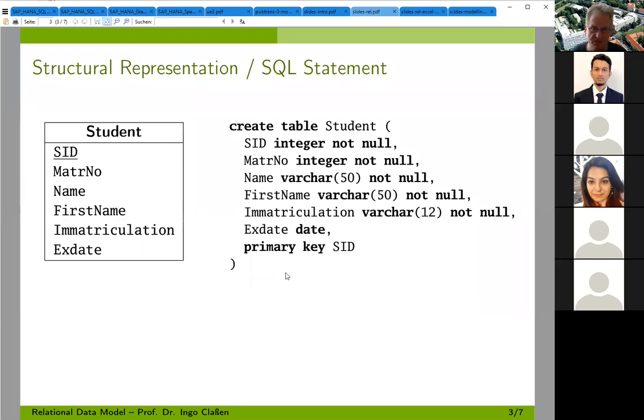You immediately see here that we not only have the name of the column, but also the column type must be given. And then there's something called not null. That's a so-called not null constraint, and that tells you that the column must have values. So you are not allowed to insert a record without a primary key, or without a matriculation number, and so on.